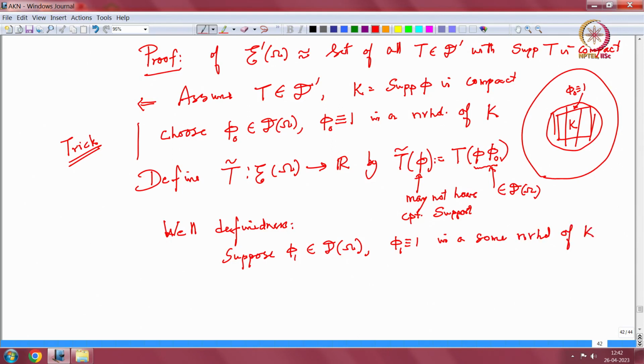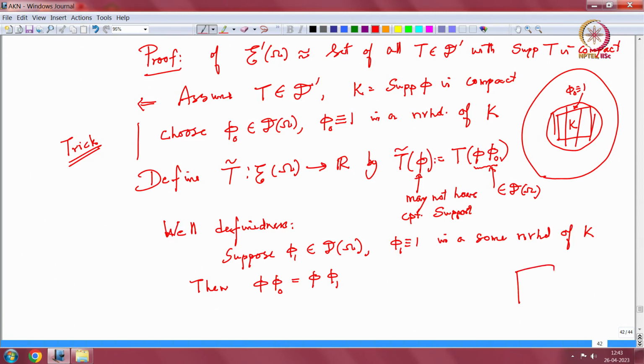Okay. Then what happens? Phi naught is equal to phi 1. So you have two different neighborhoods, but you still get phi naught equal to phi 1 in a third neighborhood.